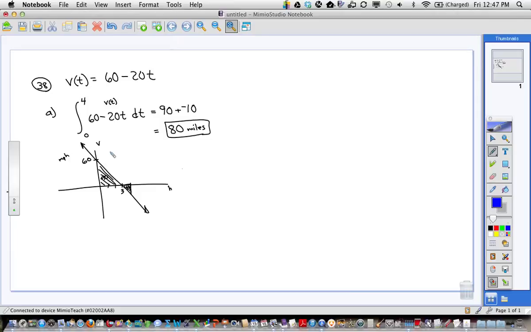So that's part A. Find the average value of the velocity on this interval. So part B is the average value. Oh, that's that equation we learned yesterday. Average value of a function. The average value of velocity, tell me how to set it up. Integral 0 to 4, which would be the velocity equation, dt.